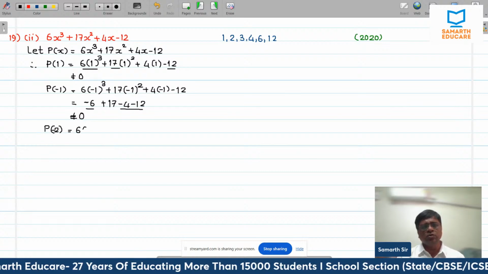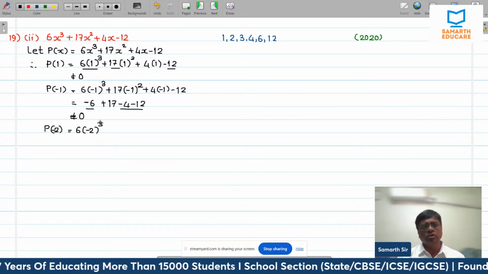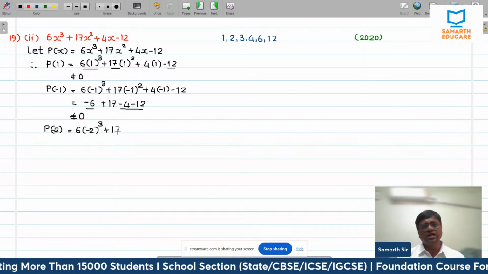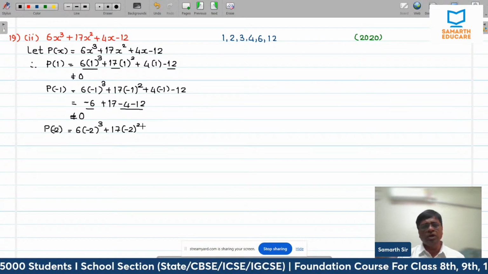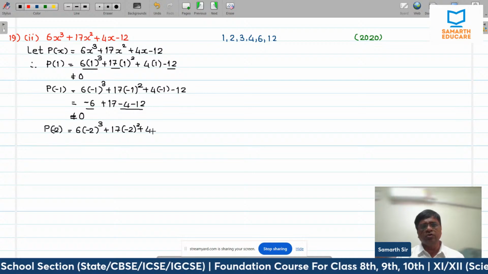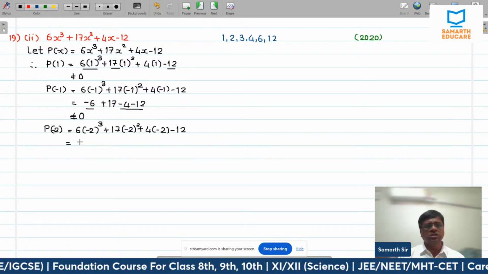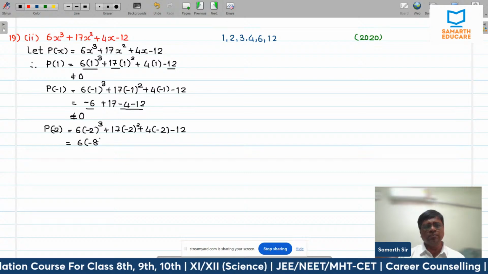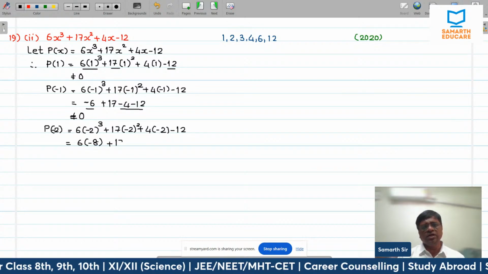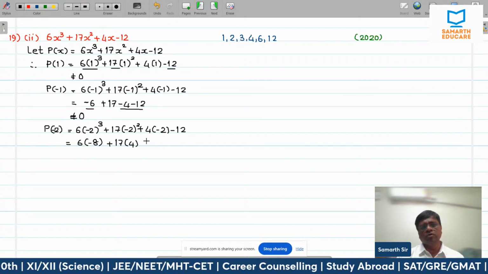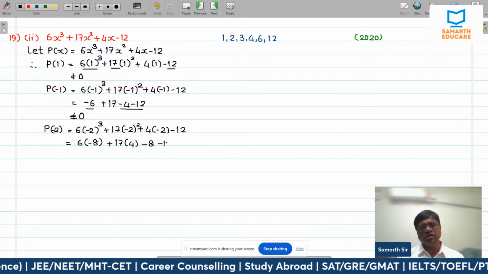So 6 into -2 cube plus 17 into -2 square plus 4 into -2 minus 12. So this is 6 into -8 plus 17 into 4 -8 minus 12.